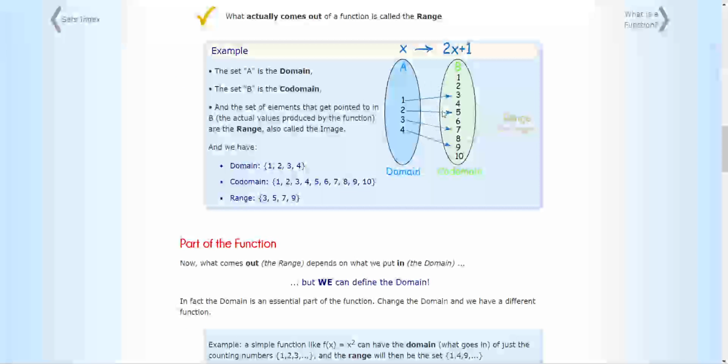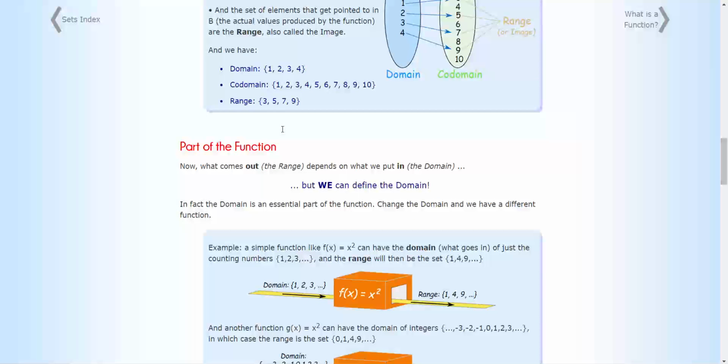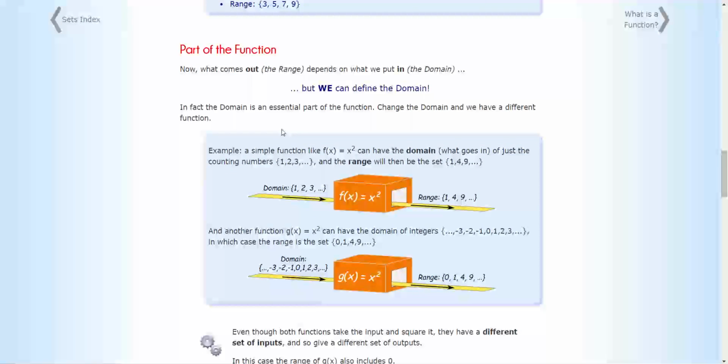We know that this is a codomain, but the elements resulting from applying the function to x are the range, or image. What we put in, we can define the domain. It's an essential part of the function.